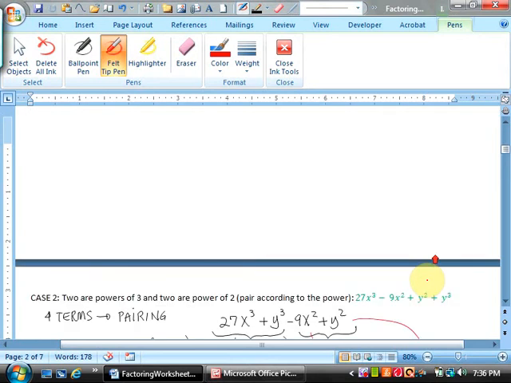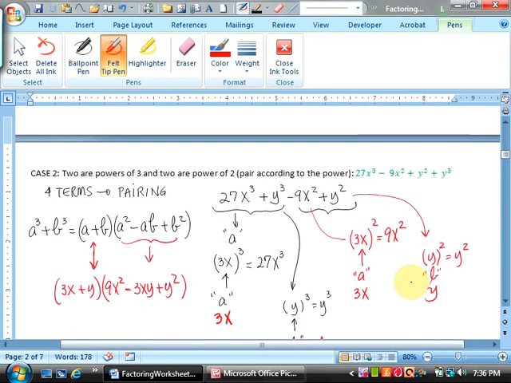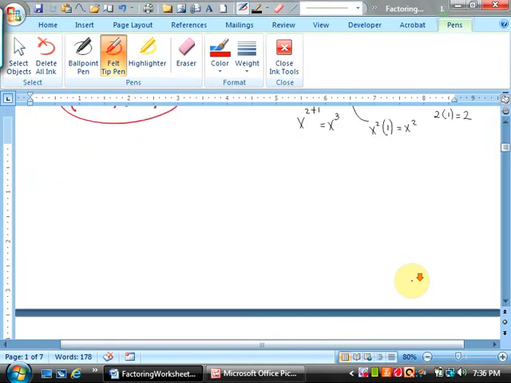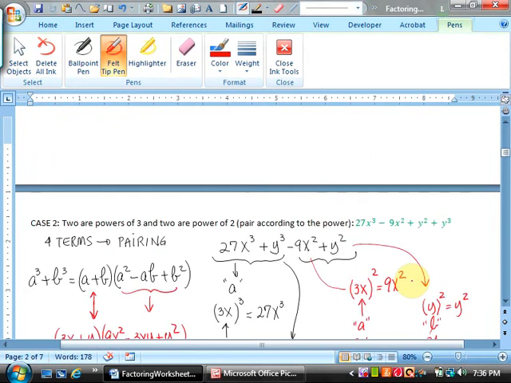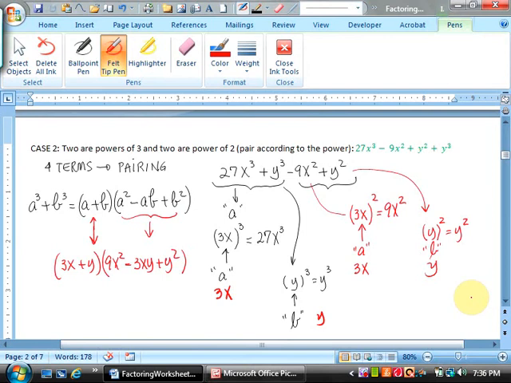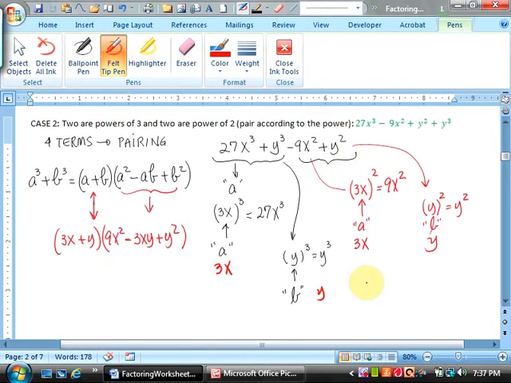Let's go back, look at our model, and note that we have a plus sign in between. Okay? So, I kind of skipped that part, so I have to rewrite this: minus 9x squared plus y squared, and I'll show you what's going on here.